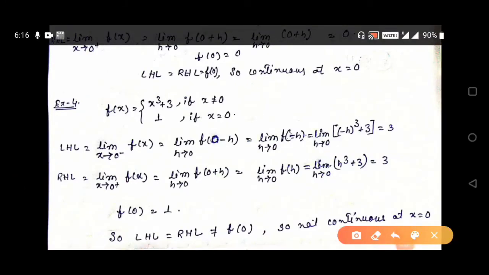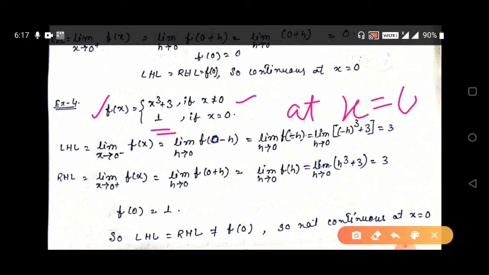Example 4. In example 4, the question is: show that the function f given by f(x) equal to x cube plus 3 if x is not equal to 0, and f(x) equal to 1 if x is equal to 0, is not continuous at x equal to 0.